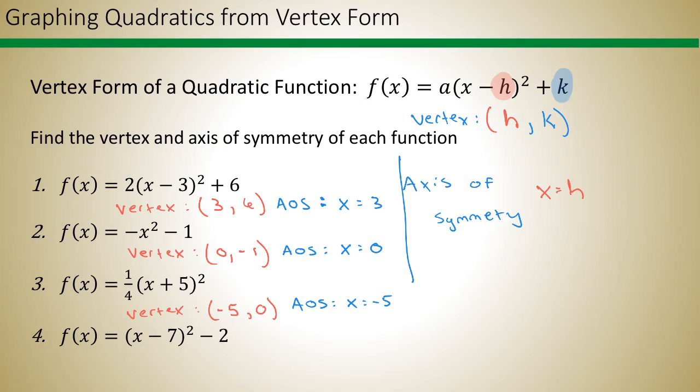And then this last one, our vertex is going to be +7. Y value is -2. And then axis of symmetry will just be X is equal to 7. Okay? So make sure you're able to identify what the vertex is and what the axis of symmetry is if you're given an equation in vertex form.